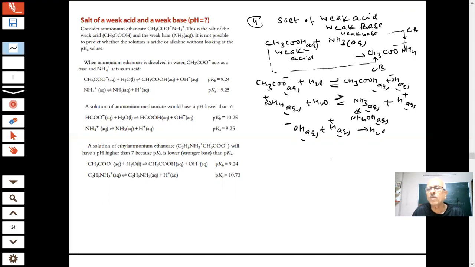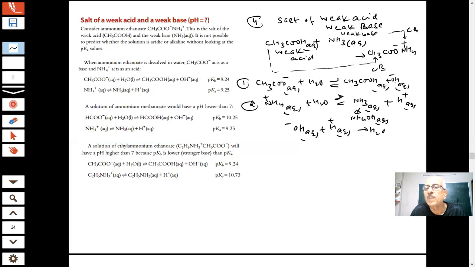Tell me yes or no. Do you understand what I said? OH minus, number one reaction. Number two reaction, H plus. The two will react to form H2O. Yes or no? Yes, sir. But if this is more, then it will be slightly alkaline. If this is more, then it will be slightly acidic.